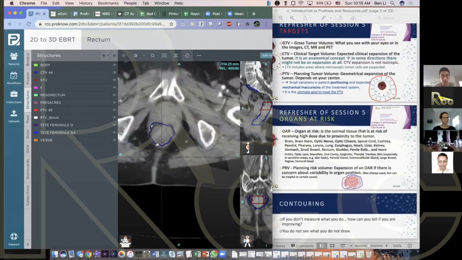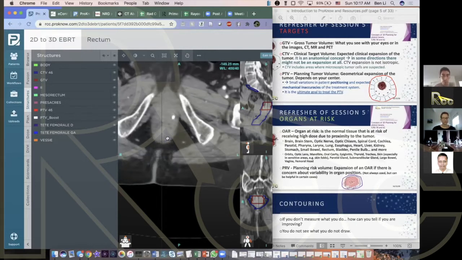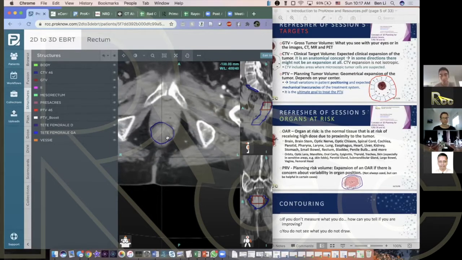And if this were to extend down and have anal involvement or near the dentate line inferiorly, then we know that there's a new channel of lymph nodes that drain there, and those would be the inguinal lymph nodes. And you want to make sure you cover the inguinal lymph nodes for that. So I'll get more into how we know what to cover for the CTV, but this is the concept of the CTV.